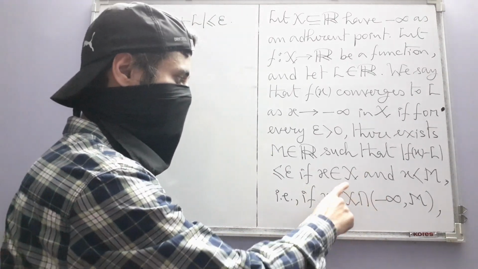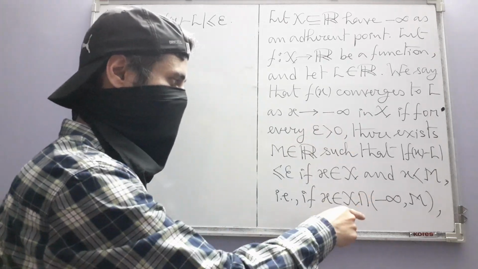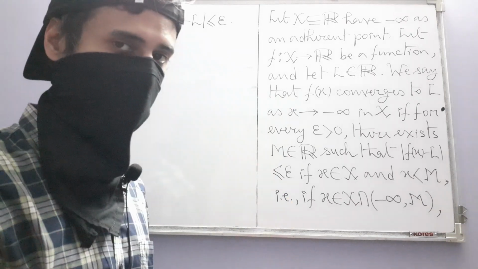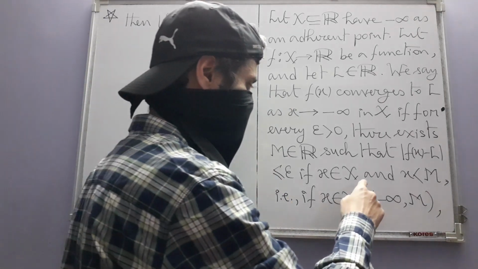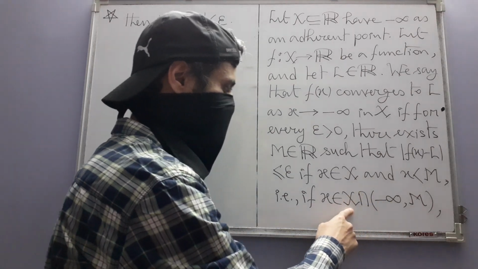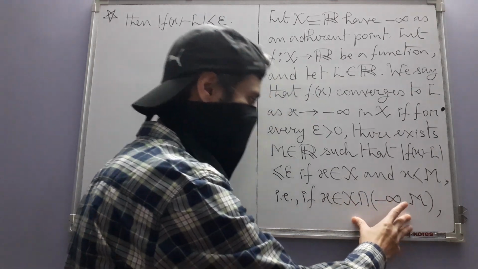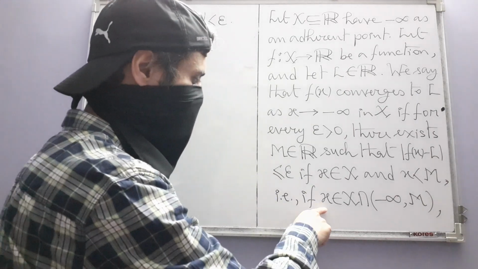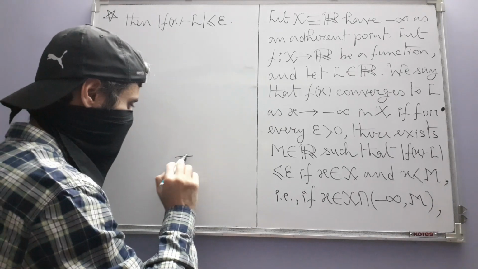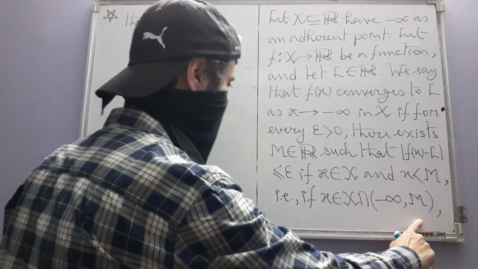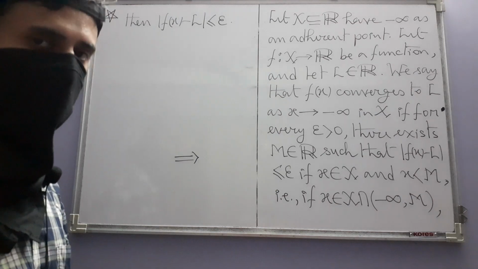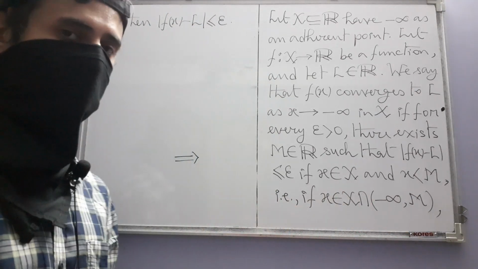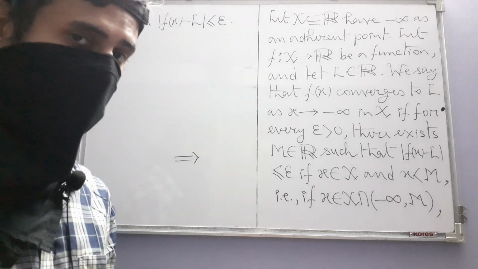The reason we need X to have minus infinity as an adherent point for this definition to make sense is because the fact that minus infinity is an adherent point of X makes these intersections non-empty. So actually, if you look carefully, you are looking at an implication here. If this happens, then this happens. If this intersection is empty, then the implication will become vacuously true.